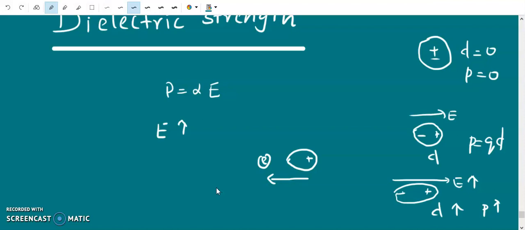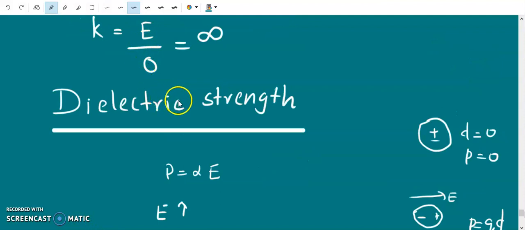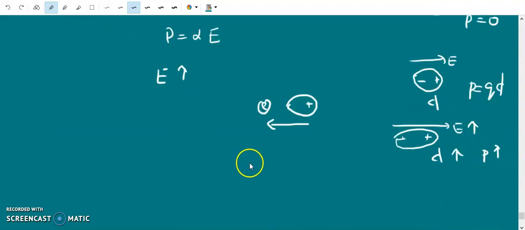So the maximum electric field that a dielectric can withstand without electric breakdown is called the dielectric strength of the material. Beyond this electric field, the dielectric property is lost and the material becomes a conductor, and therefore dielectric strength is the maximum electric field that can be applied to a dielectric without changing its property.